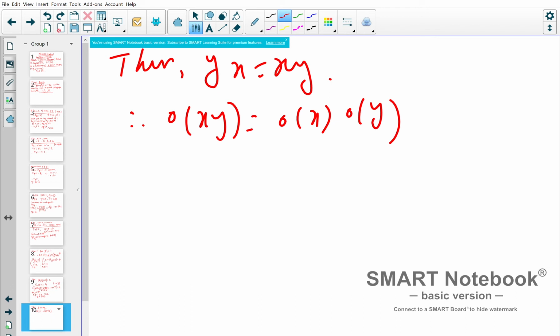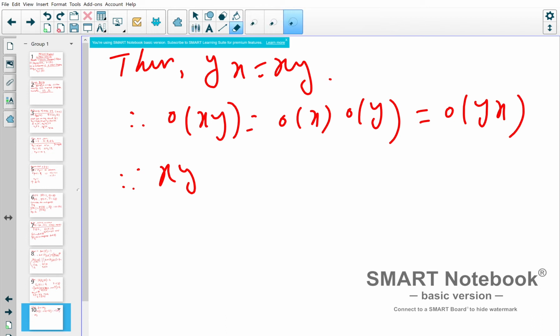That means you have an element, this xy or yx, whatever you wrote. This is also the order of yx. You should not say only the order of xy.